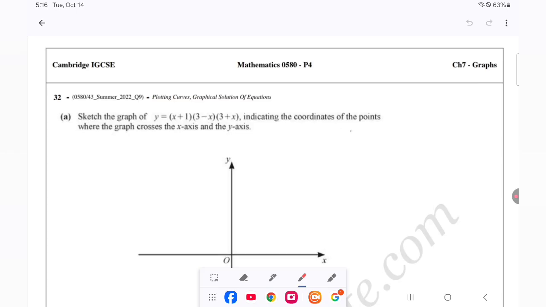Now we know that for the cubic graph, it goes from the first to third quadrant when the leading coefficient is positive, and from the second to fourth quadrant when the leading coefficient is negative. In this case, the leading coefficient is -1.